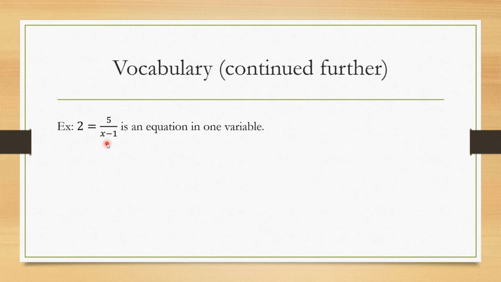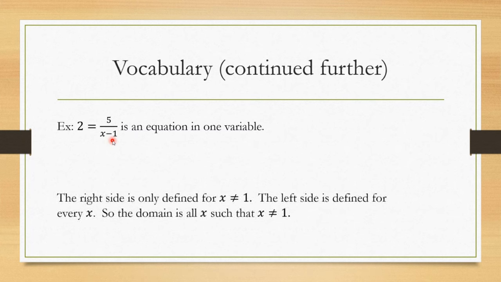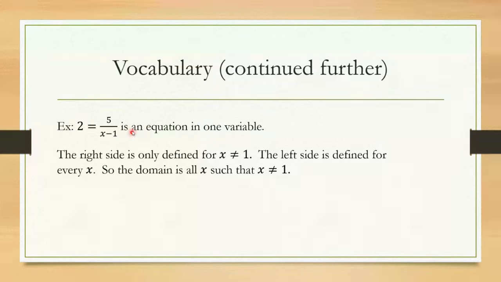In math, that's a big no-no. So because of that, the right side is only defined for when x is not 1. So the domain of the variable here is all x except 1, or equivalently, all x such that x is not 1.